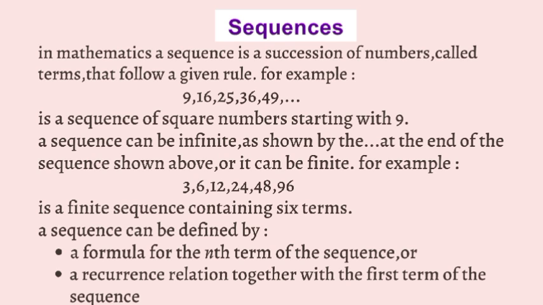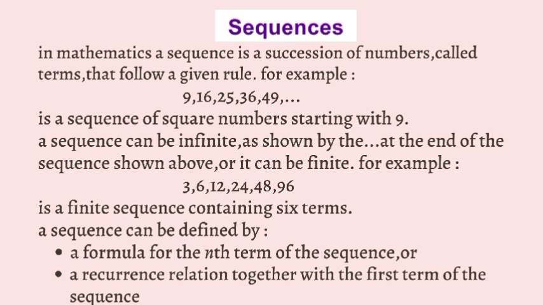A sequence can be infinite, as shown by the dots at the end of the sequence above, or it can be finite. For example, 3, 6, 12, 24, 48, 96 is a finite sequence containing 6 terms.